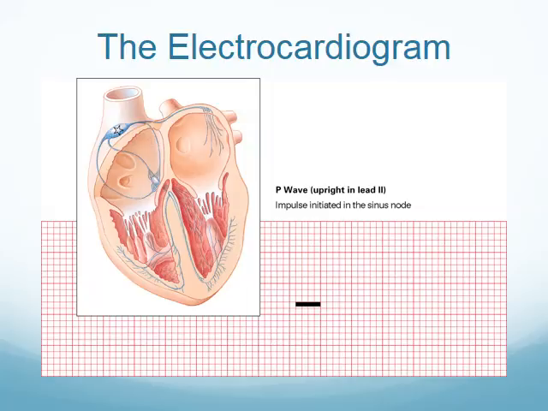All right, so we'll get into talking about some of these waves here in more detail. So we have our impulse that's initiated in the SA node, and this is before. All right, we have our baseline here. And for the purpose of this conversation, we're talking about lead 2. Lead 2 is the most common monitoring lead because if you remember, the direction of this impulse is down and to the right, our positive electrode is the left leg and our negative electrode is the right arm.